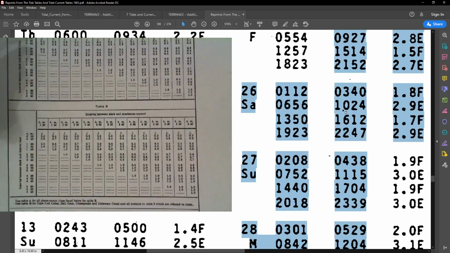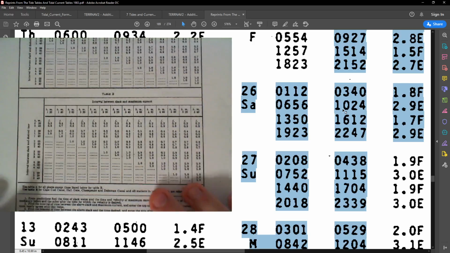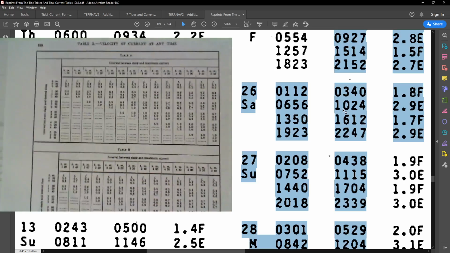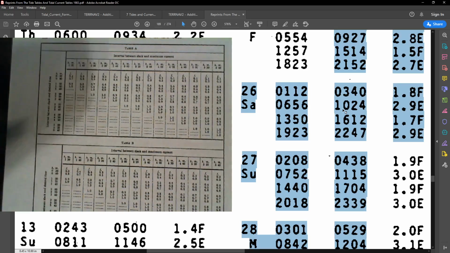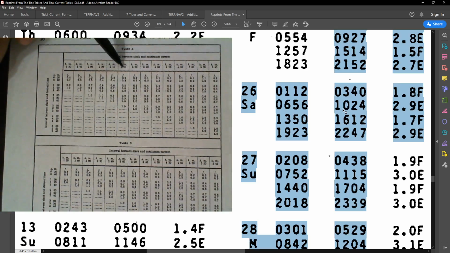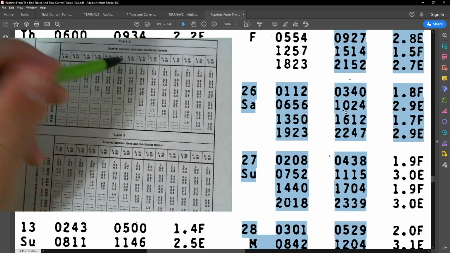Table 3. And we are not in any of the places that call for it to be in B, so we're going to be using table A. So we know our interval between slack and max is 3 hours, because 2 hours and 54 minutes rounds closer to that than 240. And our factor is 0.6.